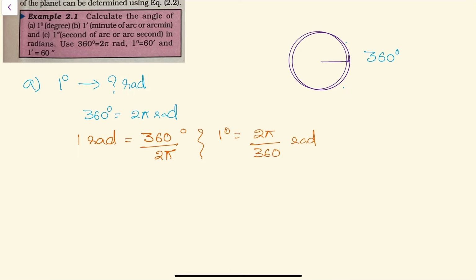So you can convert radian to degree, degree to radian here. What is our question? We shall convert from 1 degree to radian.